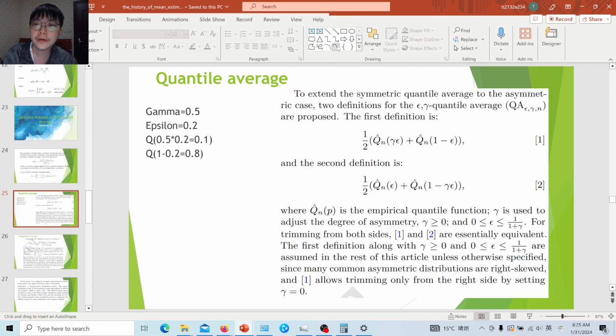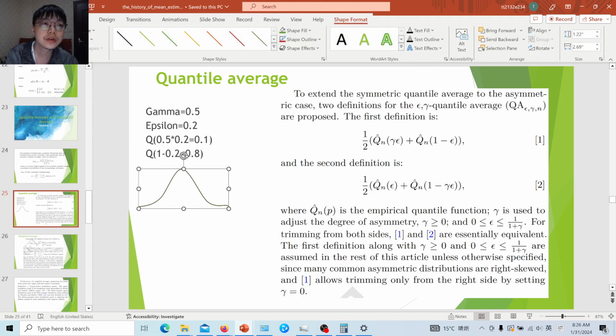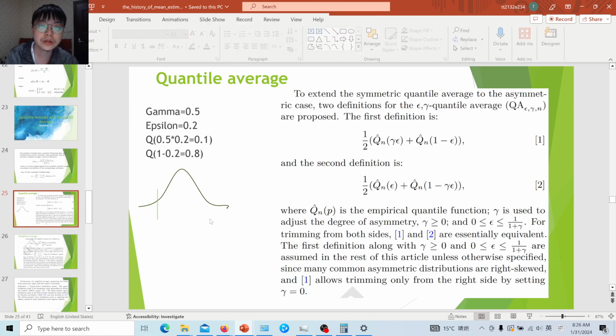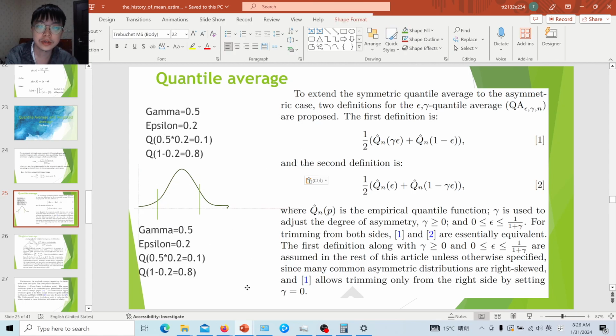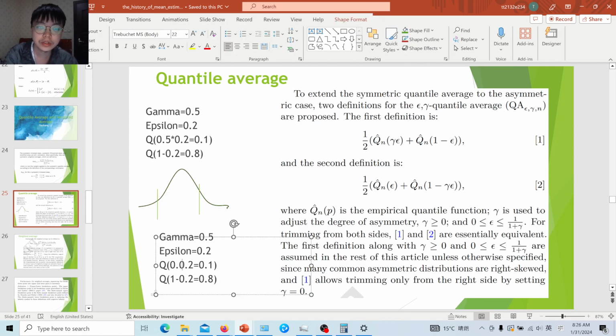So for the first definition, it is a little bit like this: here is 0.1 and here is 0.8, since there is 20% on the right side, so it should be more. And for the second definition, the first quantile is 0.2 and the second quantile is 0.9.